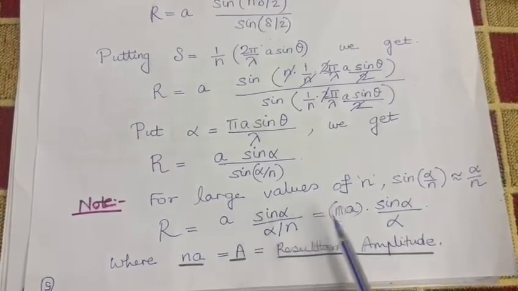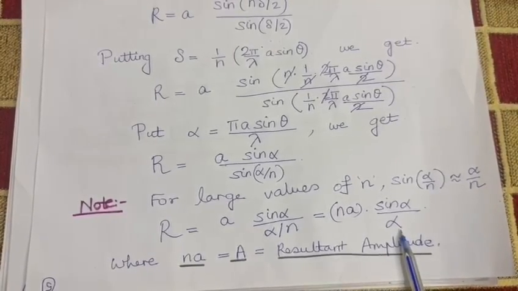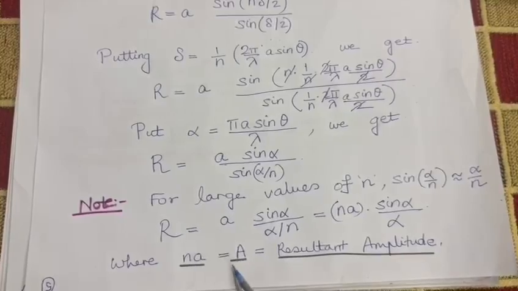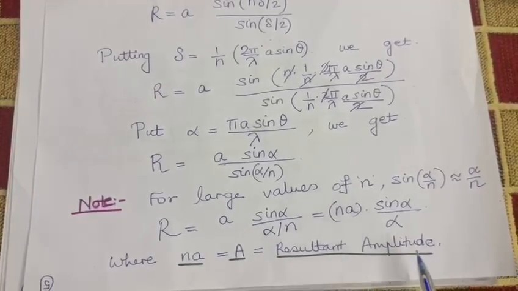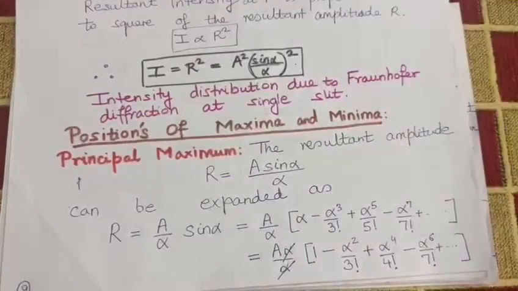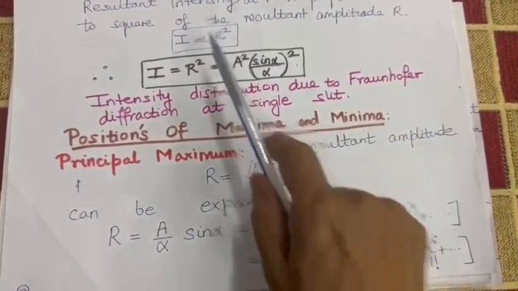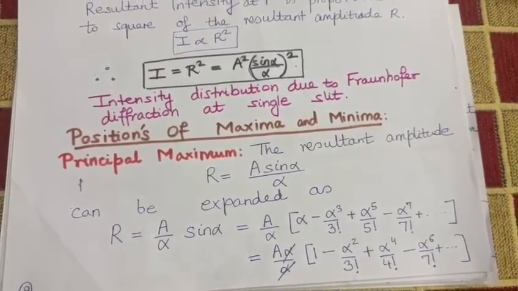Therefore, for large values of n, sine alpha upon n will tend to alpha by n. So R will become equal to NA sine alpha upon alpha. Here NA is equal to A, that is the resultant amplitude. We know that intensity is proportional to the square of amplitude.